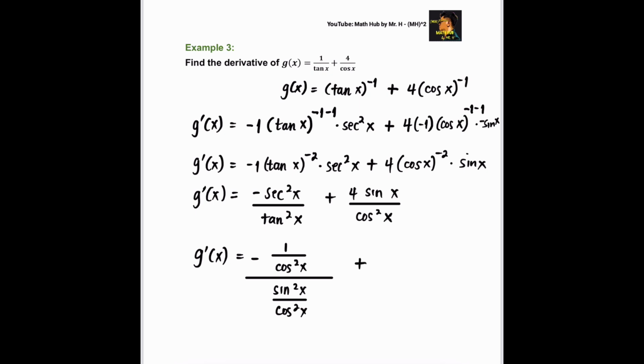And for the second term, it's already it, so we just copy 4 sine x divided by cosine squared x.